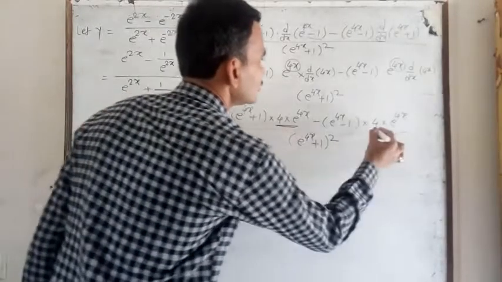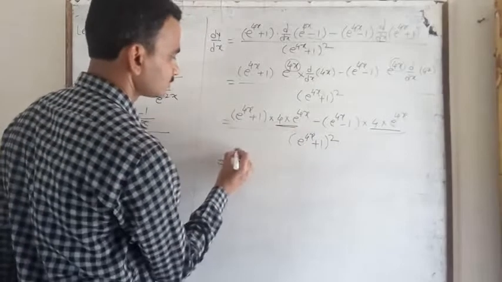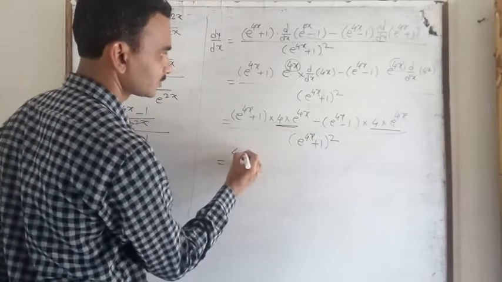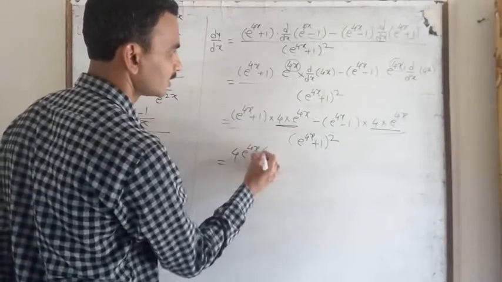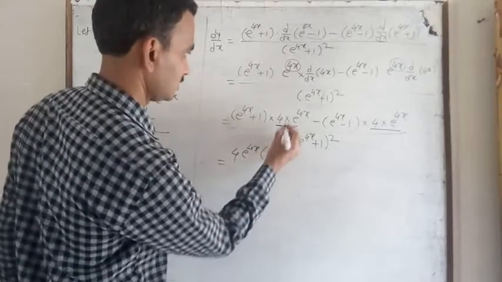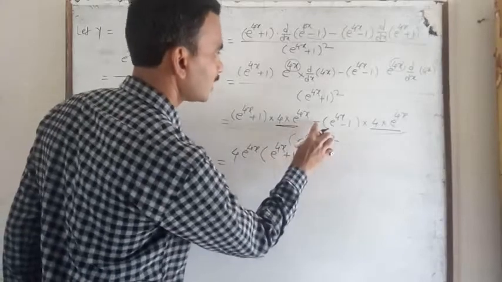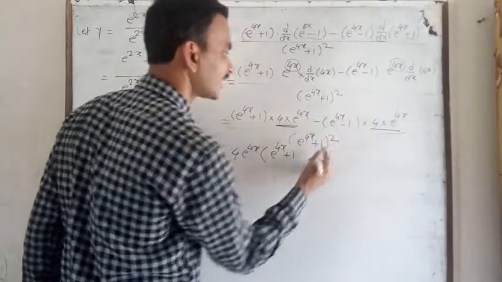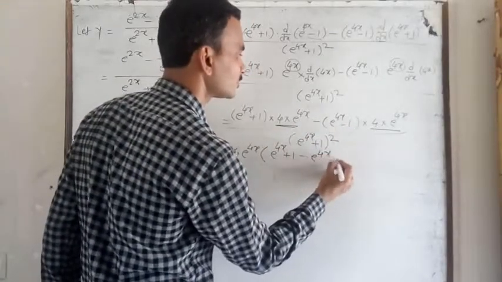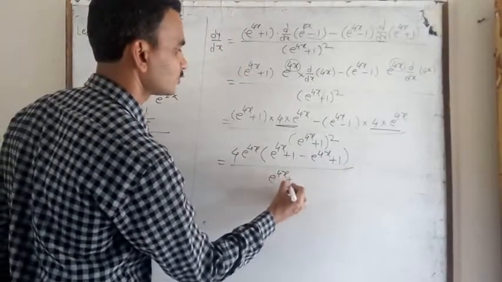Here there is a common term e raised to the power 4x, so we take this term common in the numerator, 4 e raised to the power 4x, and after taking common we get e raised to the power 4x plus 1, and multiply this minus sign to the bracket, minus e raised to the power 4x plus 1, upon e raised to the power 4x plus 1 bracket square.